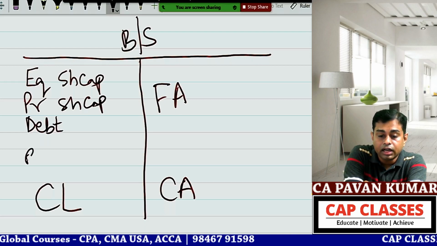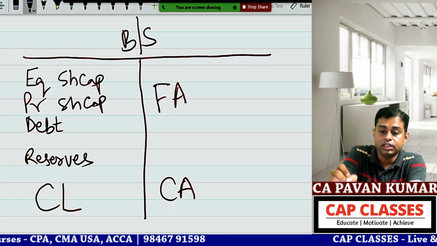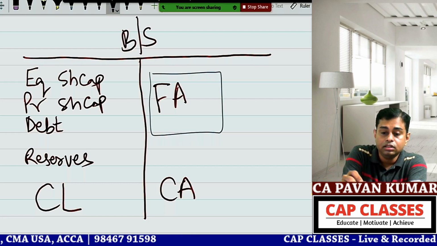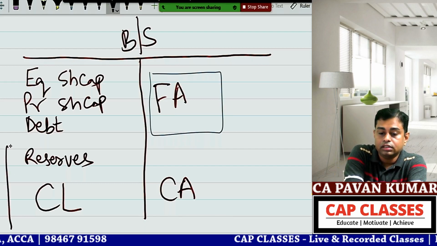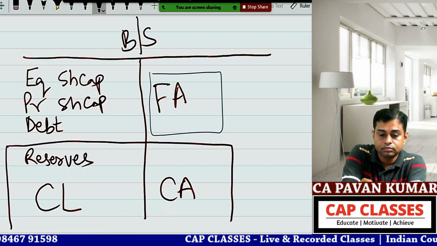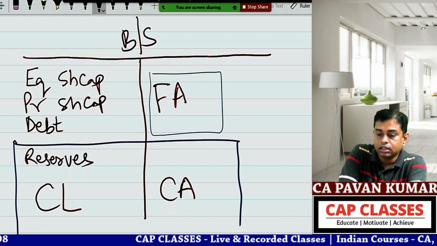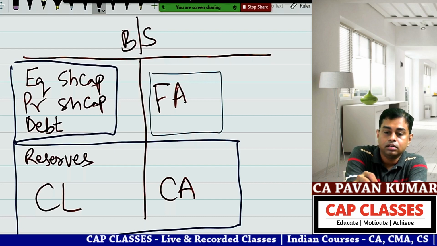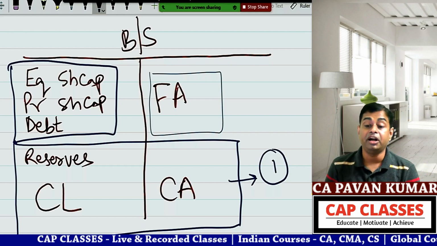Here, reserves. So this is part 1. This is bucket 1, big bucket, operating activity.